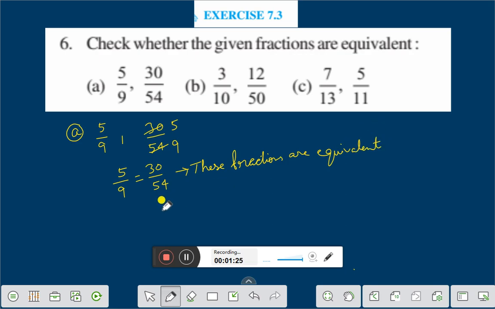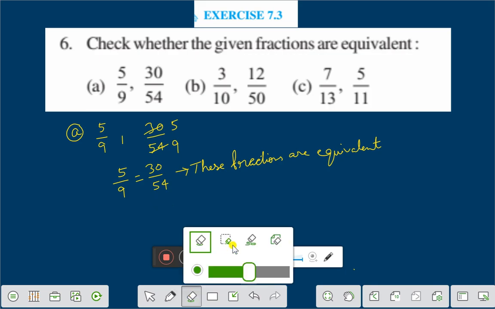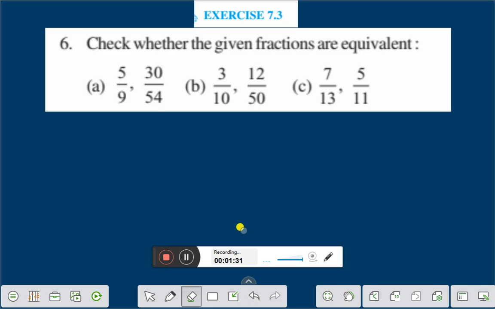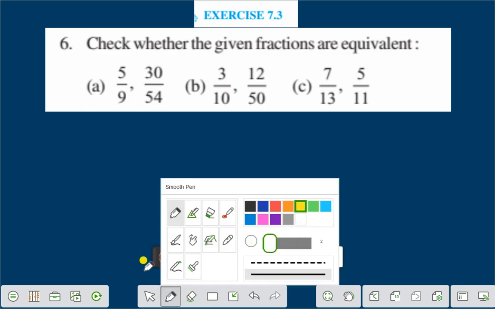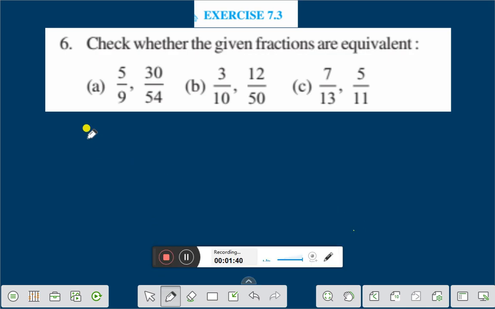Right? Now we solve question number B. Question number B is 3 by 10. One number is 3 by 10 and another number is 12 by 50.